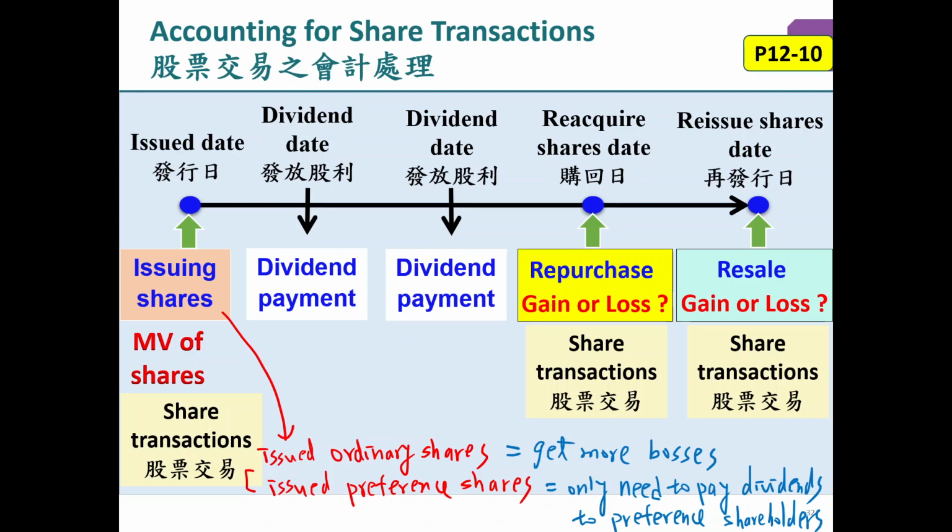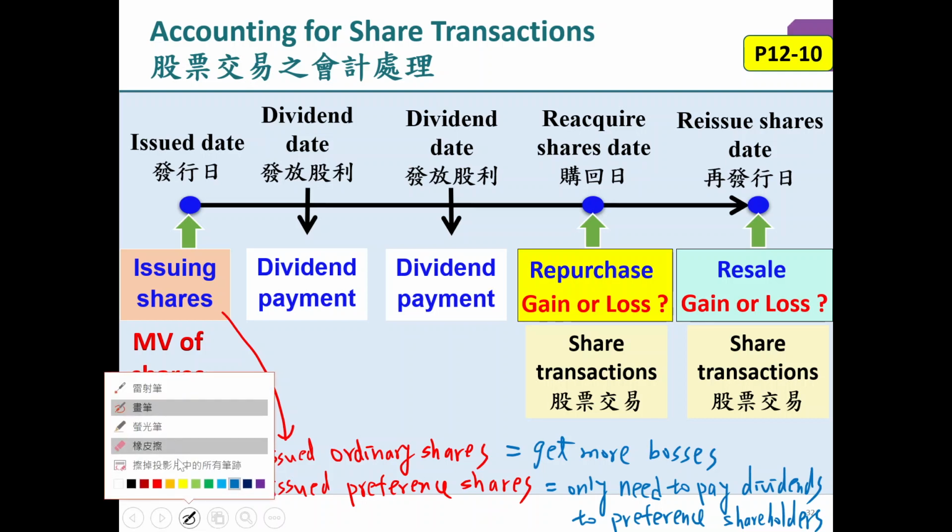After that, whether ordinary or preference shareholders, we have to pay dividends. Each period, you have to pay dividends to both kinds of shareholders. Remember, you should pay dividends to whom first? Preference shareholders.